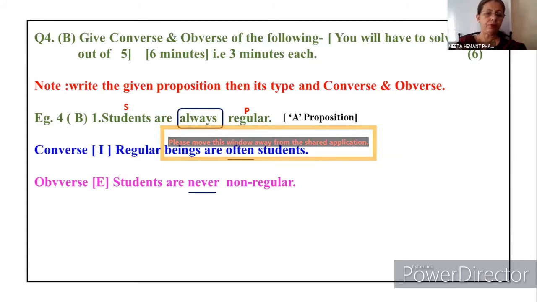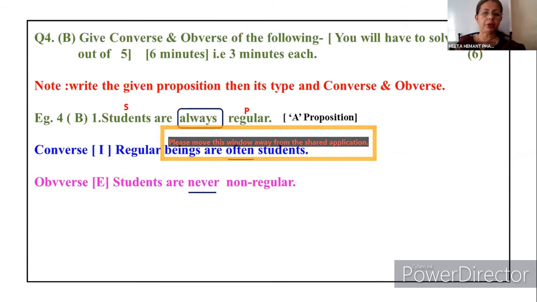Then we come to obverse. In obverse, you have to remember the rule of obversion. A's obverse is E, and in E's symbolic form, always will change to never. And in obverse, the predicate becomes the complementary of the original predicate.